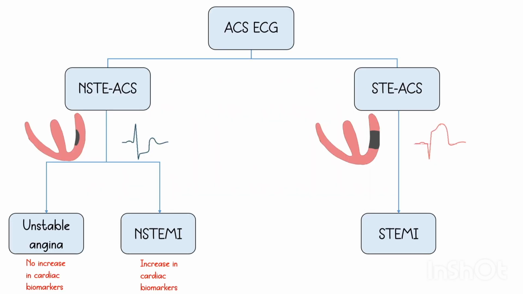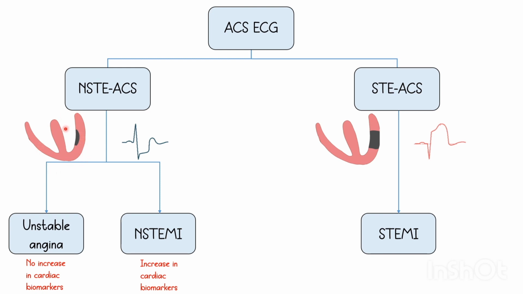What about acute coronary syndromes? Actually, here we can classify the ECG into two types: ECG with no ST elevation and ECG with ST segment elevation. So what accounts for this difference? Now, if we have a partial occlusion, it will cause ischemia located in the subendocardium, as the black area shows here.